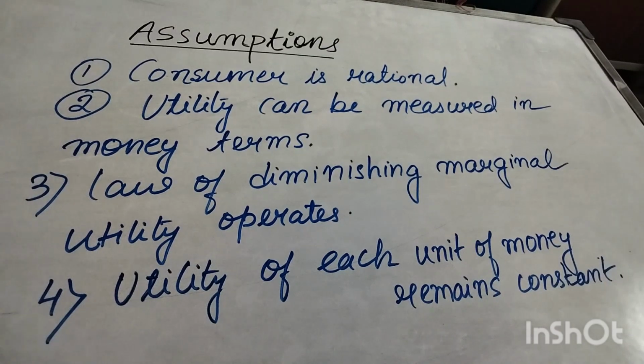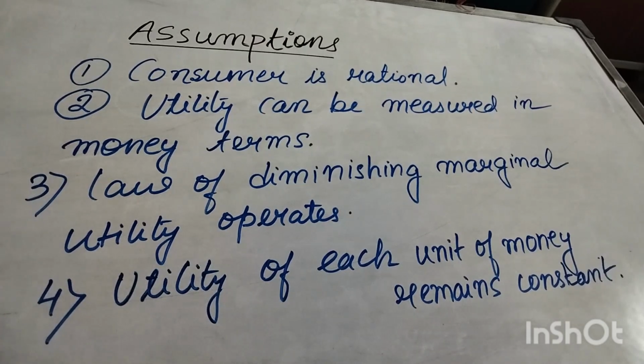Next point, utility can be measured in terms of money. That means that the utility of one unit of a commodity equals the amount of money which the consumer is prepared to pay. Utility can be measured in money terms.